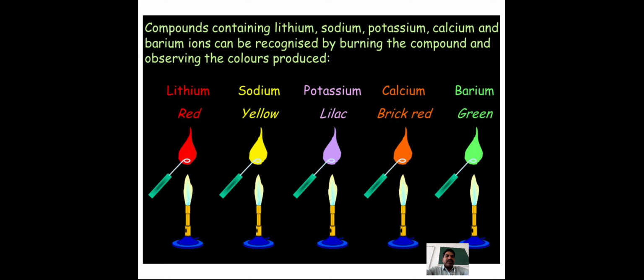Lithium gives a red flame, sodium yellow, potassium lilac, a kind of magenta or light purple color. Calcium ions give a brick red color, whereas barium, when burnt in a flame, gives a green color.